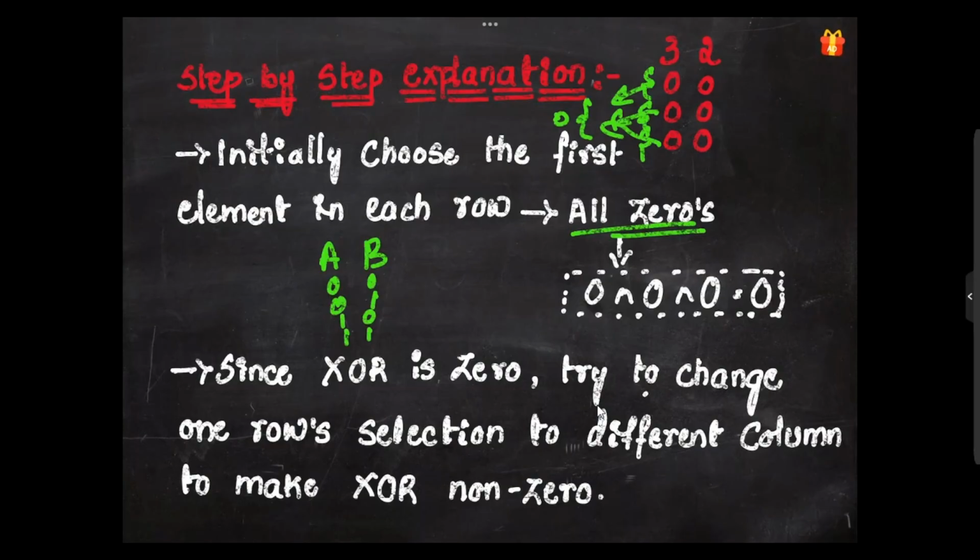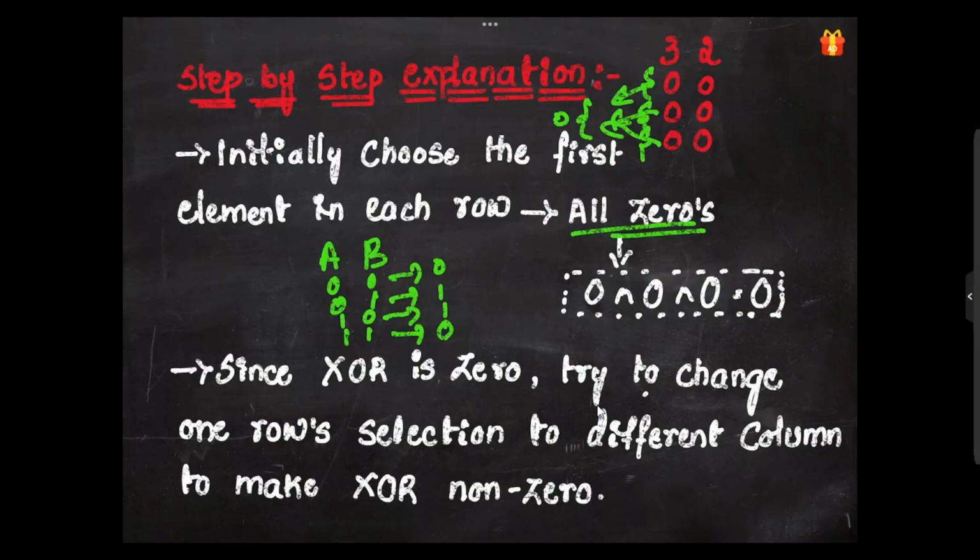If either of A or B is 1, then only the output will be 1, else it will be 0. 0 0 will be 0, 0 1 will be 1 because we have B as 1, and 1 0 will be 1 because A is 1, and 1 1 will be 0 because either A has to be 1 or B has to be 1. If both A and B are ones, then the output we should get is 0, right?